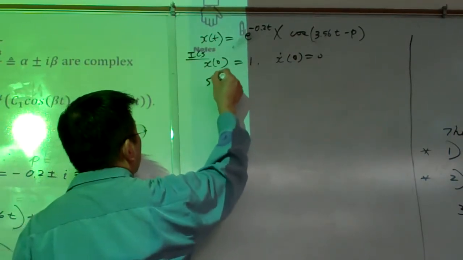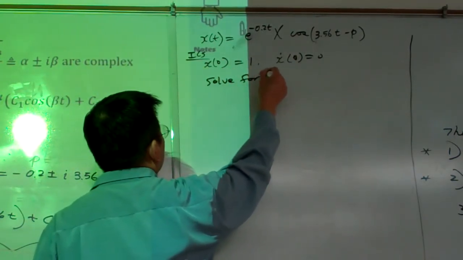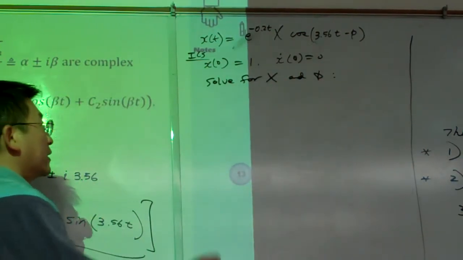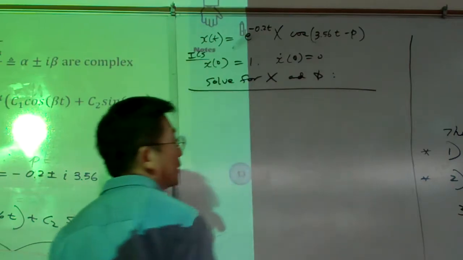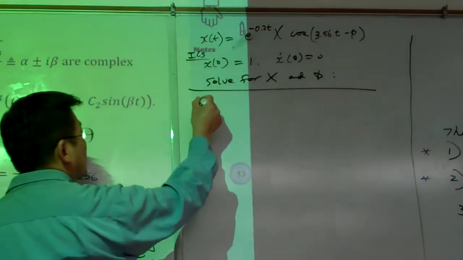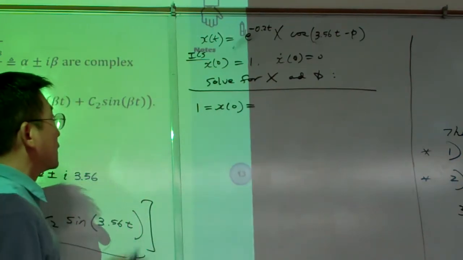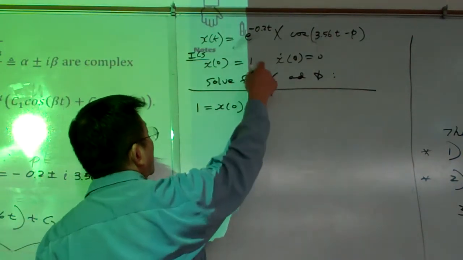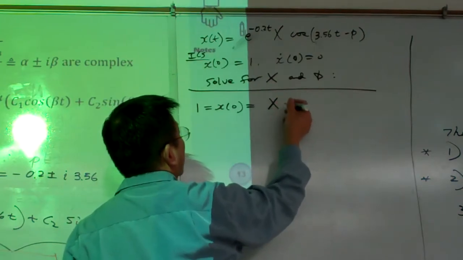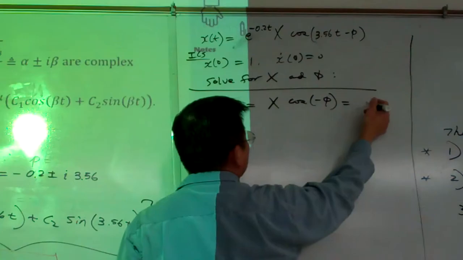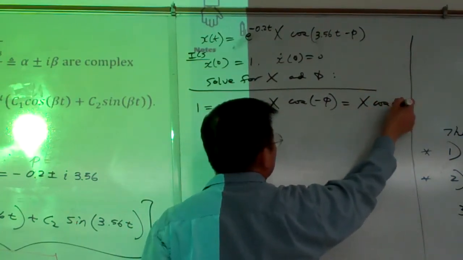So we solve for X and phi. Okay, so that is our problem statement here. So using the initial condition 1 equal to x0, that one we can plug in. So that means when we introduce t equal to 0, that's capital X times cosine of minus phi. So basically that is capital X times cosine phi.